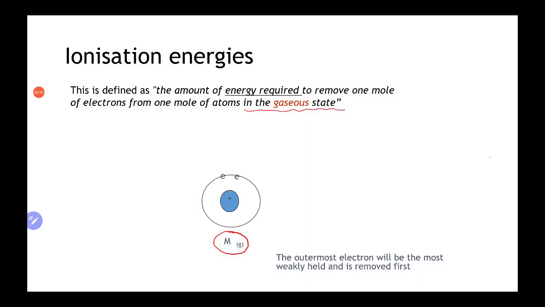So ionisation energy is where we're actually putting energy in and we're losing that wee electron. So it's normally the outermost electron, so the one that's furthest away from the nucleus, the one that's kind of least tightly held by the nucleus, that is lost first.